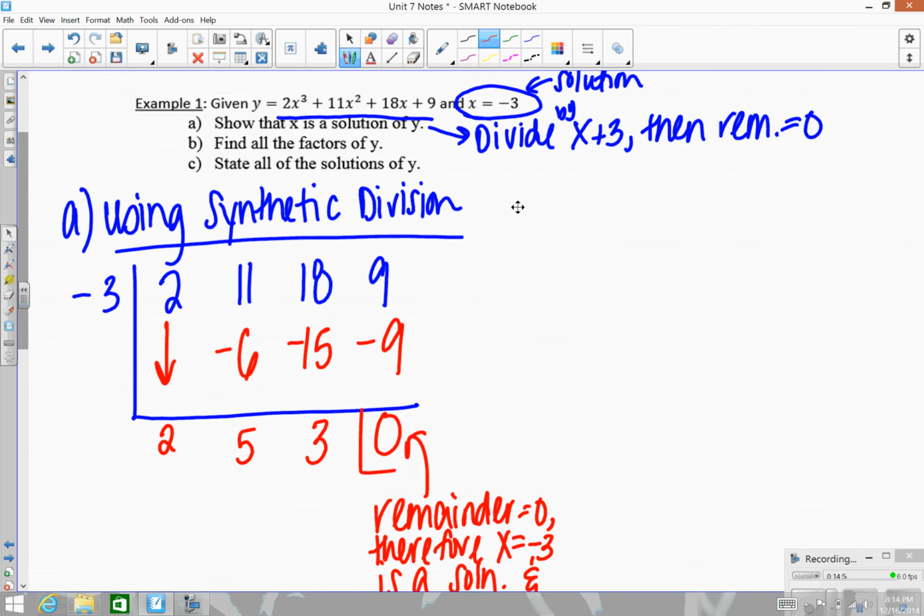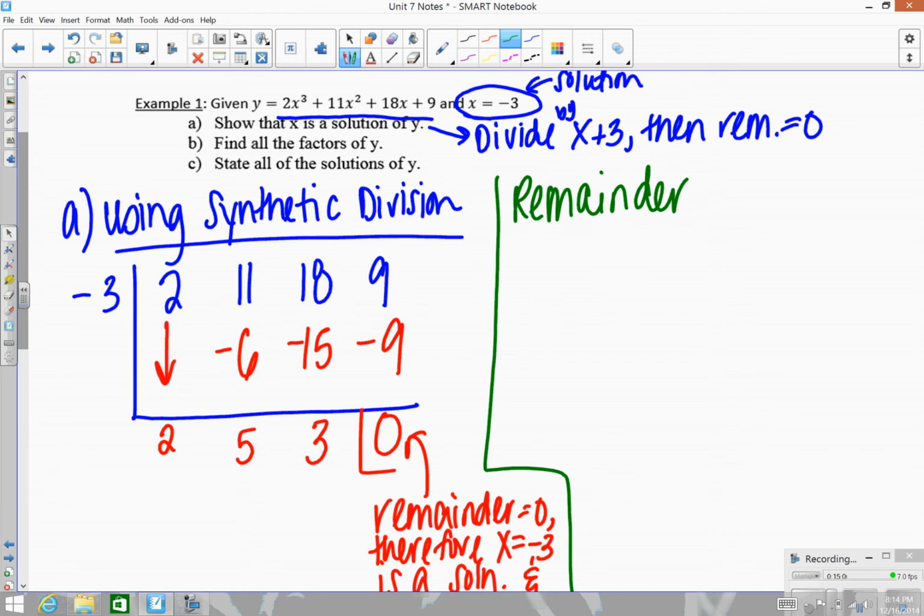The other way is to use the remainder theorem. So I can say, by the remainder theorem, if I plug in the -3 and I get 0, then that means my remainder is 0, which means that x plus 3 is a factor and x equals -3 is a solution.